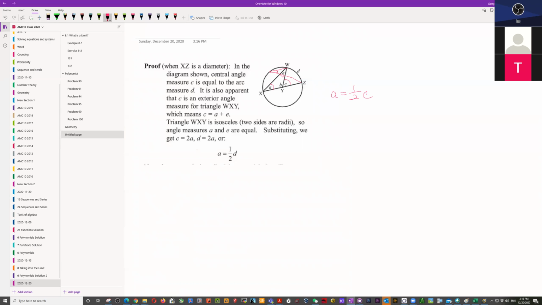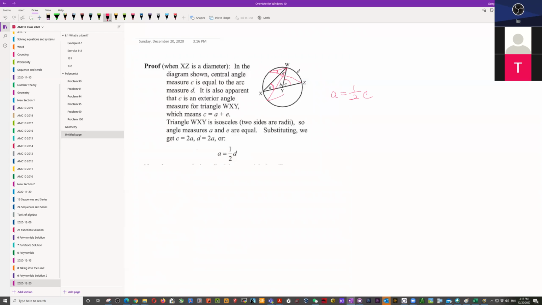This angle is intercepting the same arc, so this angle will have the same value as A. No matter how I draw it, it's going to be the same.